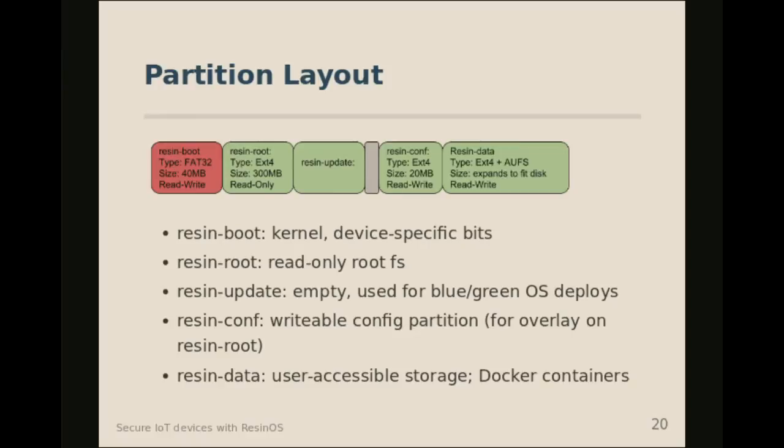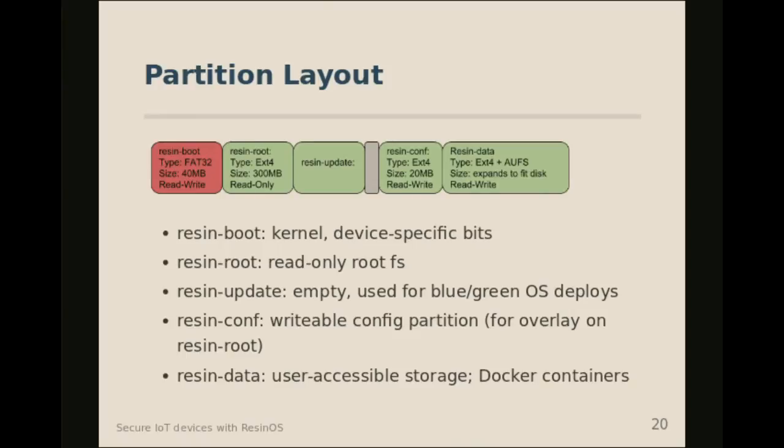Then we have a resin-conf partition. This is mounted as an overlay file system with the root. So you can put configuration in here that you want to manage, and it will persist across updates, and obviously you can write to it while it's mounted. Because these are downloaded as a flash image, you can also modify the image itself before writing it, if you wanted to do something very custom, which we have people doing also.